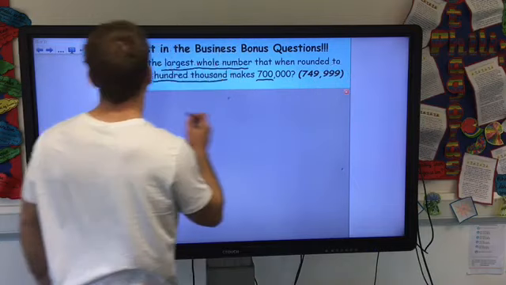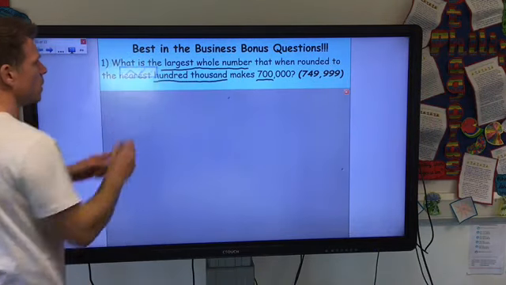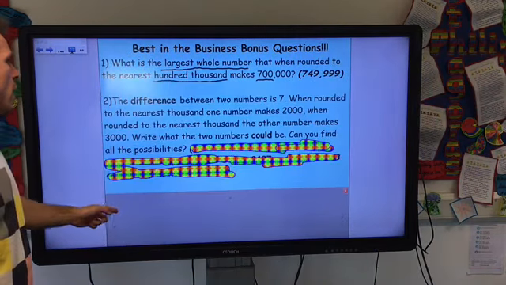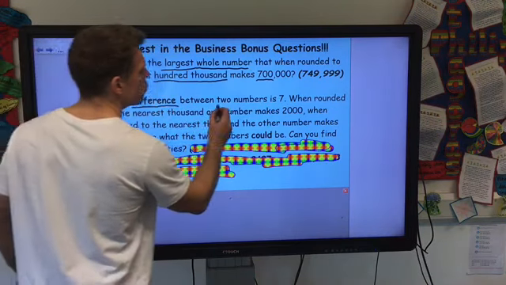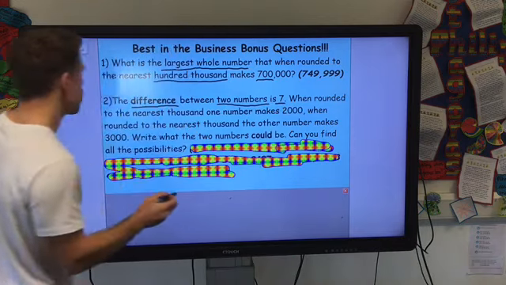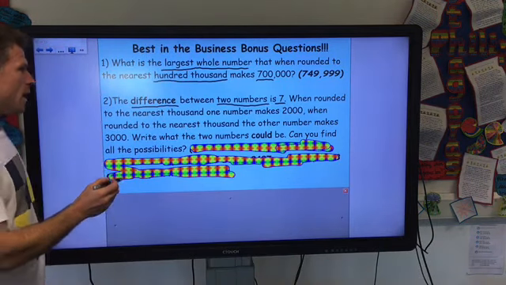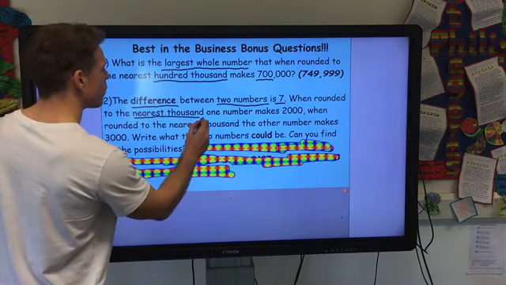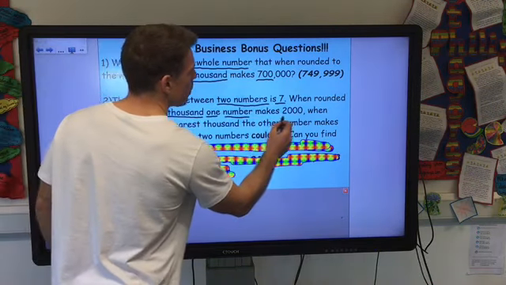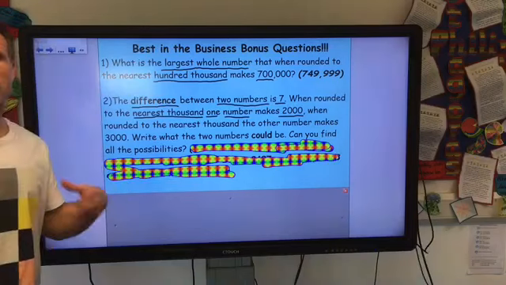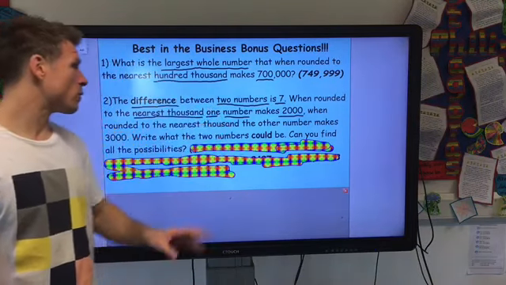Let's have a look at the next one. The next one says the difference between two numbers is 7. When rounded to the nearest 1,000, one of those numbers makes 2,000. So one of the numbers, if you round it to the nearest 1,000, makes 2,000.